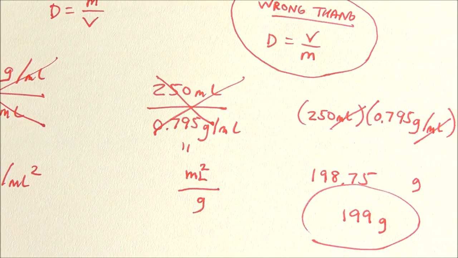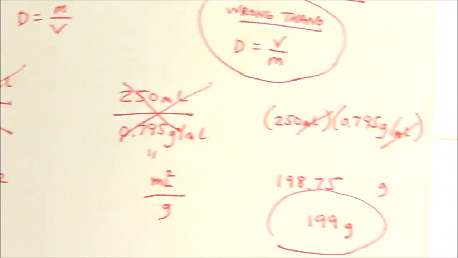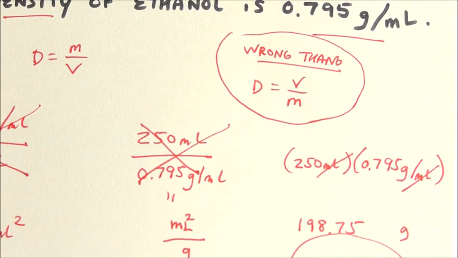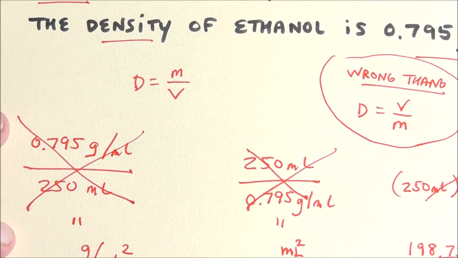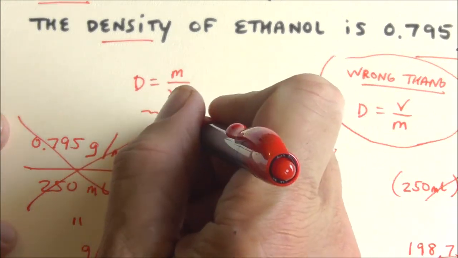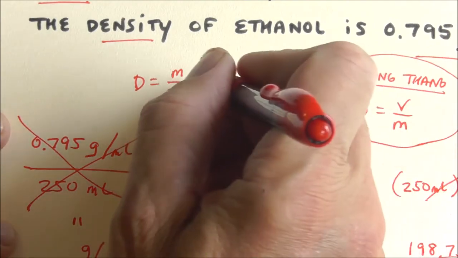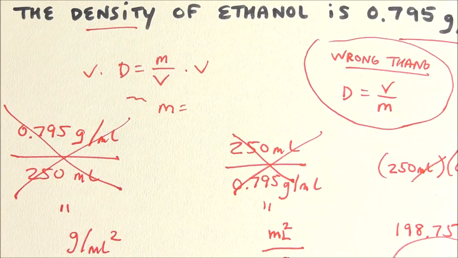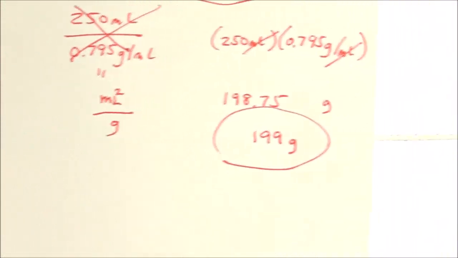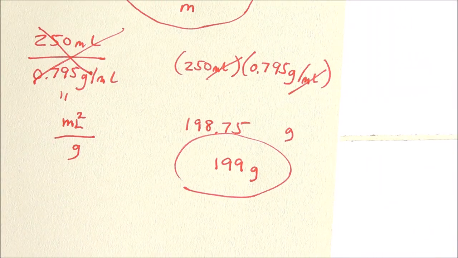Somebody might be tempted to say, D is M over V, and then they get kind of carried away on the way to figuring out what M is. You do this business and you'd stop there, but sometimes people would divide. So the units are a way to keep you honest. And to be honest with you, I didn't even need to know a density formula to solve that. I just needed to get the answer with grams.